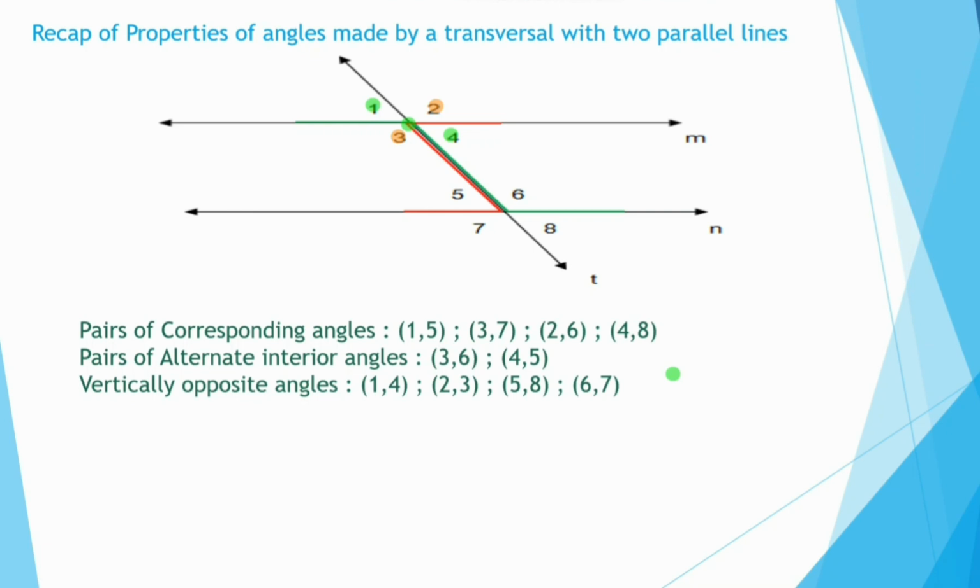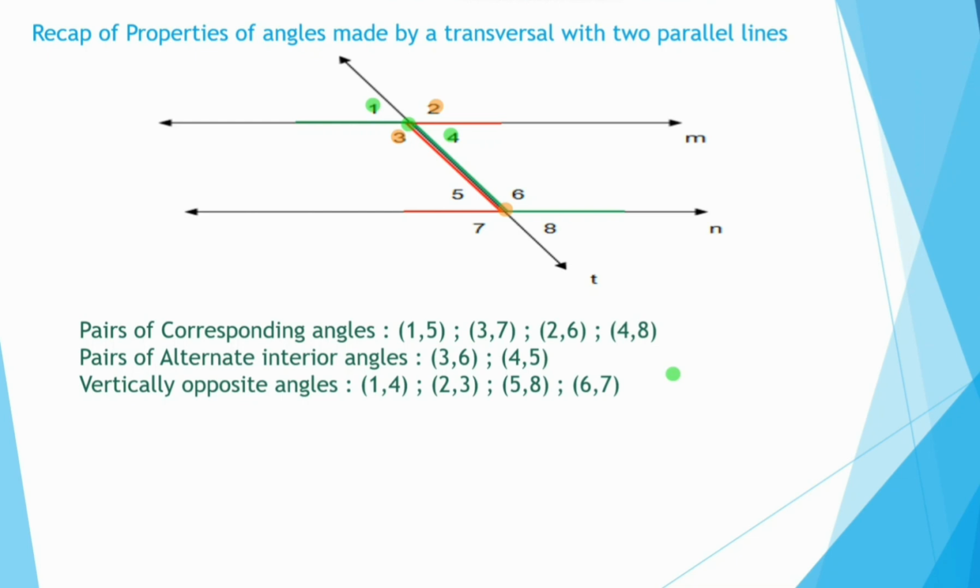They are vertically opposite angles. So here I have written all possible vertically opposite angles. You can first name and then match your answer from here. 1, 4, 2, 3. Then another point of intersection is this. So 5, 8 and 6, 7 are vertically opposite angles.